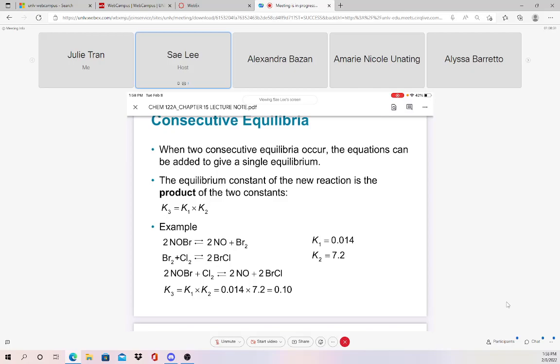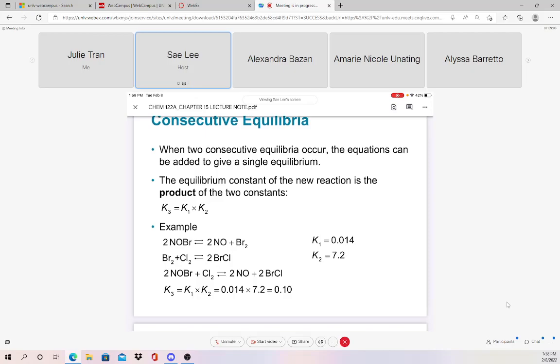We're going to label it as reaction 1, which has an equilibrium constant of 0.014. Because this is reaction number 1, we label it as K1. The second elementary reaction is Br2 plus Cl2, also a reversible reaction, but the product is 2BrCl. This second elementary reaction's equilibrium constant is labeled as K2, and it has a value of 7.2.